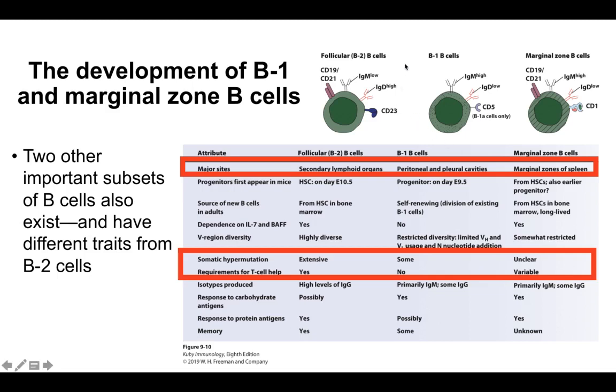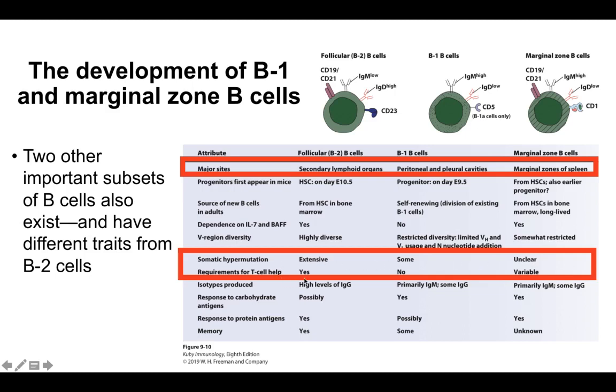For example, the molecules on the surface can be different. Both have IgM and IgD, but the B1 cells have CD5 on their surface, and that's one way we can detect them. Somatic hypermutation occurs extensively with the follicular B cells, but very little with the B1 and the marginal zone B cells.